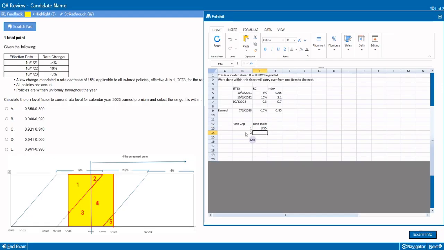Section 2 has the 5% rate decrease and the 15% rate decrease on all in-force policies, so I'm going to multiply those two together. Section 3 has the 5% rate decrease and the 10% rate increase, and that's it. So I'll multiply those two together.